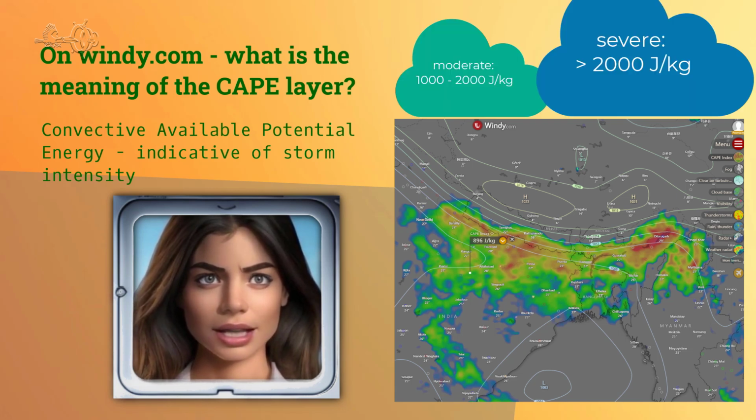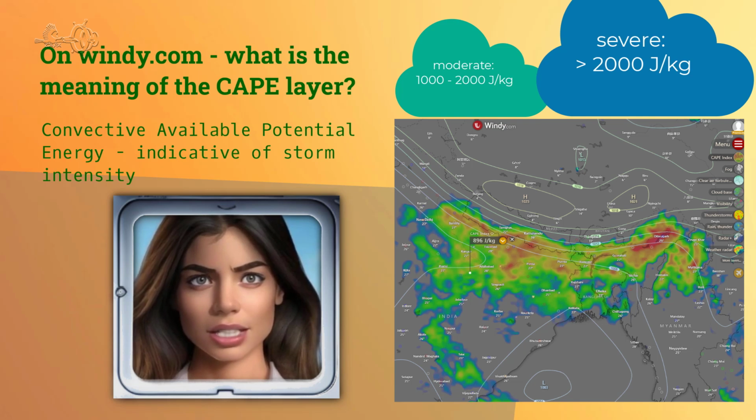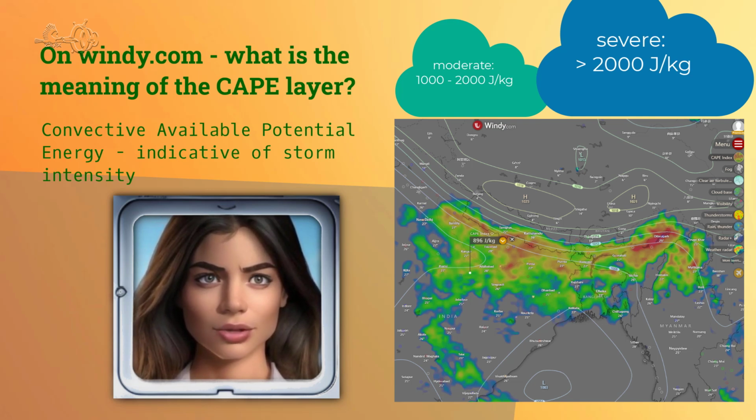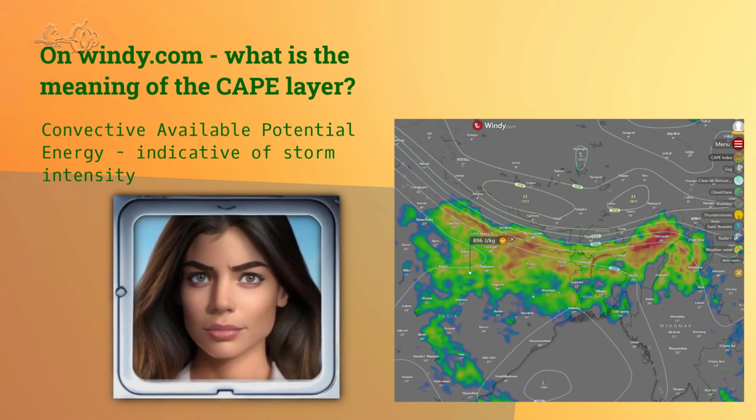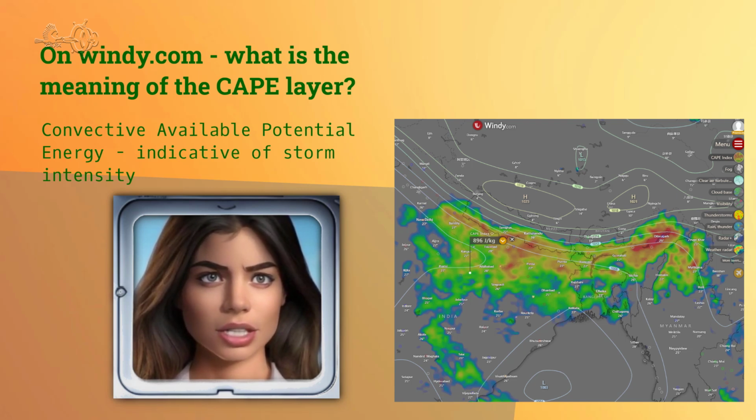The higher the values, the greater the instability in the atmosphere and the stronger the potential for thunderstorm development. While this layer is a useful tool for identifying areas with potential for thunderstorms, it's not the only factor to consider. Other factors like wind shear and moisture also play a role.